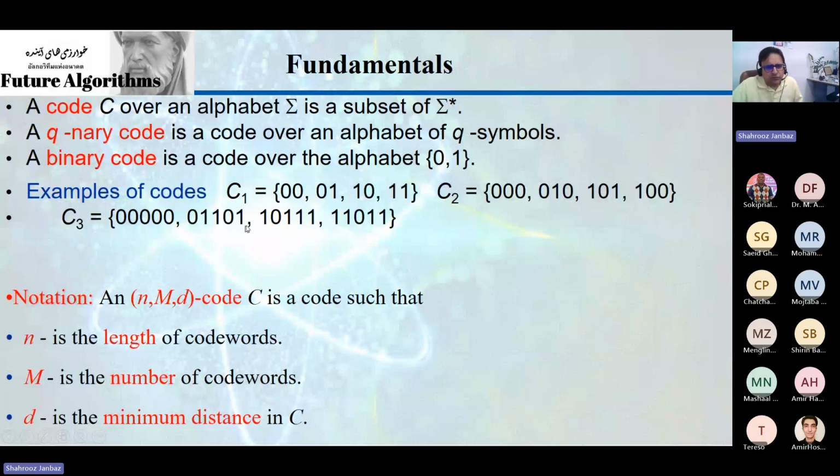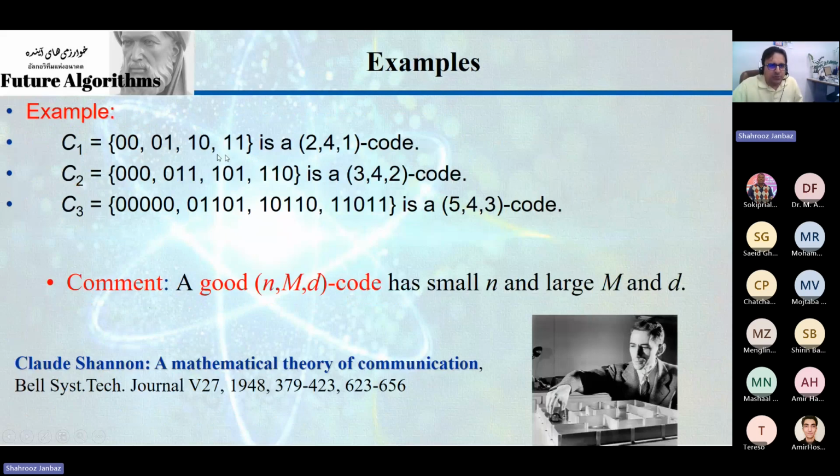You have to compare all codewords and find the differences between two codewords. In this case, the difference between two codewords is in 3 positions, so the distance between them is 3.